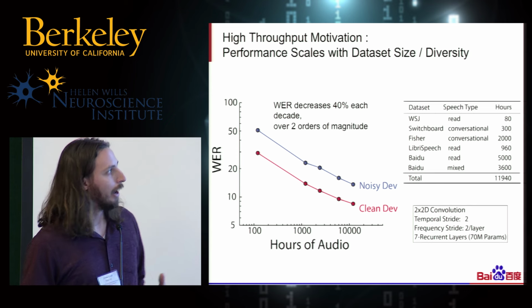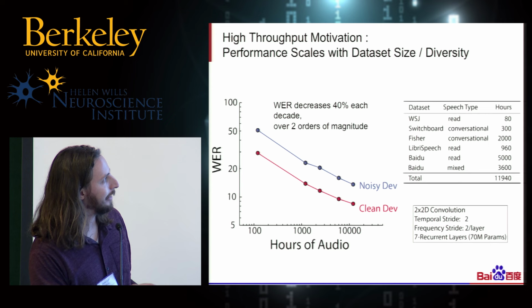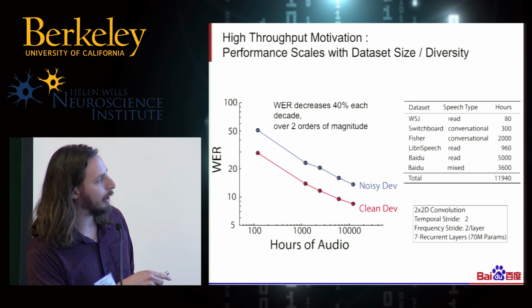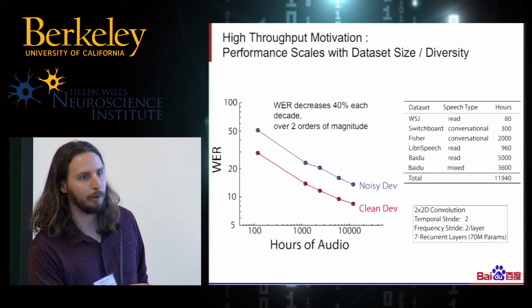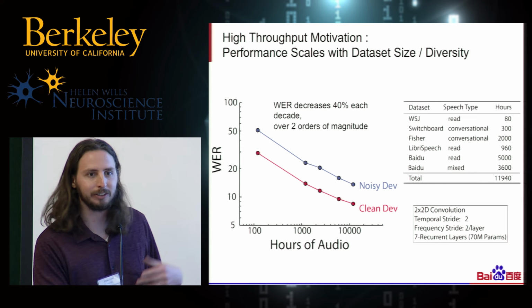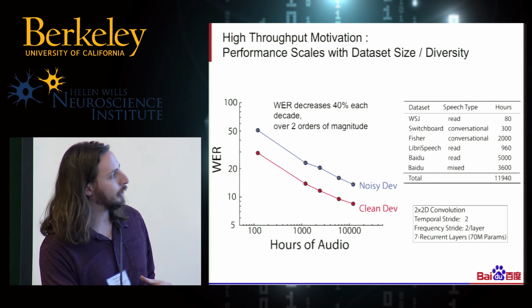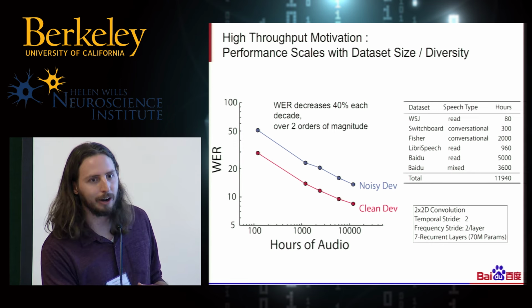In another sense, it's pretty bad, in the sense that it's easy to go from 100 hours of speaking to 1,000 hours of speaking. It's doable to go to 10,000 hours of speaking. We use every publicly available data set plus our own. But then to go to 100,000 hours or 1,000,000 hours of audio, these are huge training challenges. So algorithmically, it's interesting to think about ways of getting different types of scaling laws, different amounts of improvement with your increase in the amount of data you have.